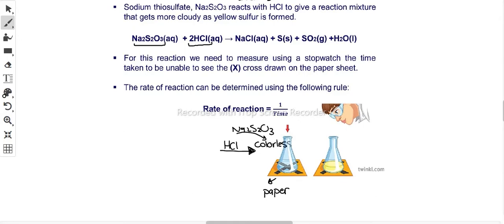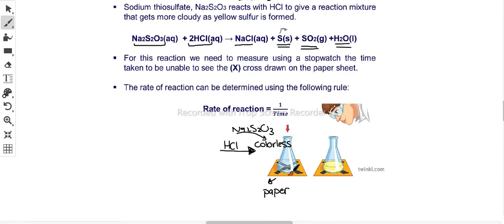Let's see now the chemical reaction. Sodium thiosulfate and hydrochloric acid react together to form NaCl. There will be a production of solid sulfur, and there is sulfur dioxide, and we have liquid H2O.